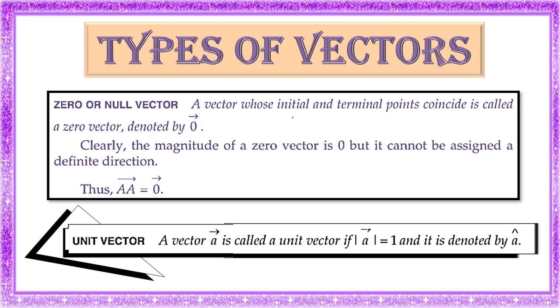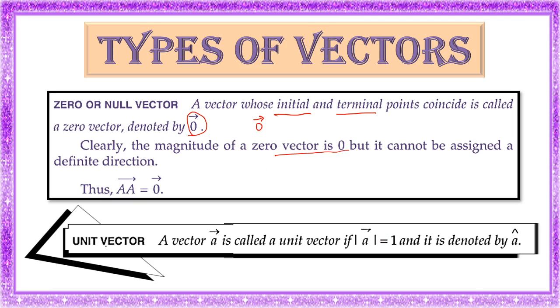A vector whose initial and terminal points coincide is called a zero vector and is denoted like this 0, and on the top we will have this vector symbol. So the magnitude, as the name says, zero vector, so definitely the magnitude of this zero vector is 0.